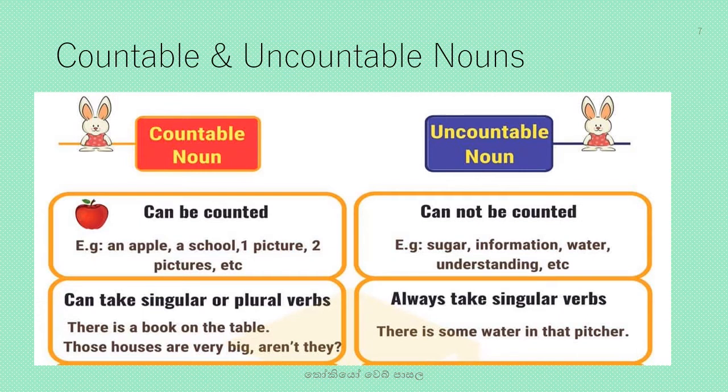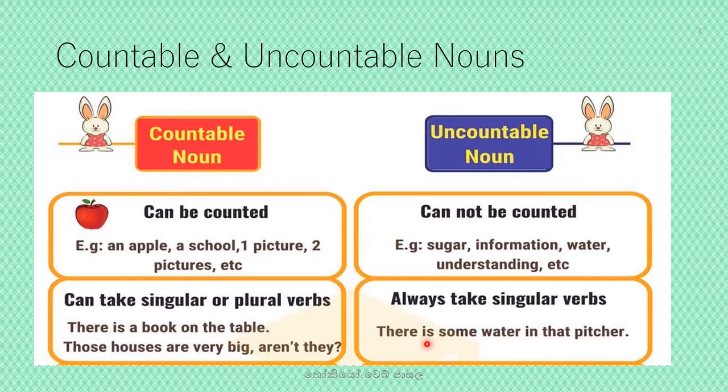So here there is some water in that picture. When we say some water, it may feel plural, but still we use "there is." There is some water. We never say "there are some water." We say "there is some water."